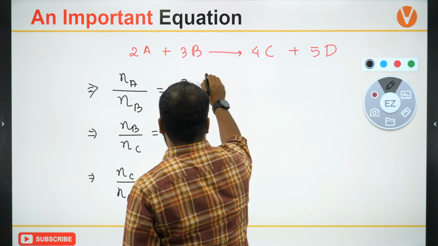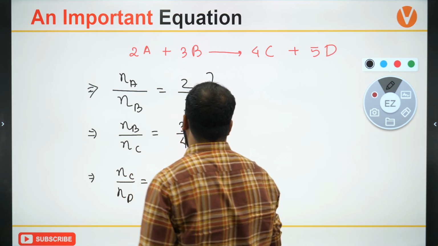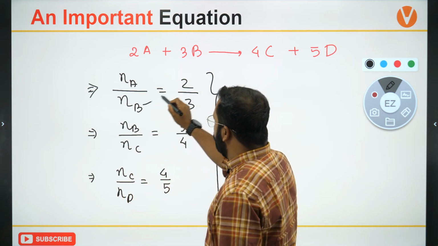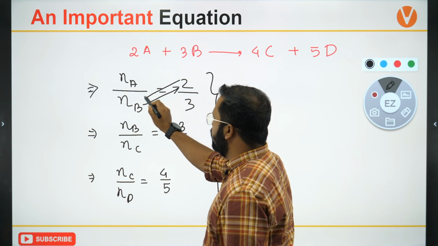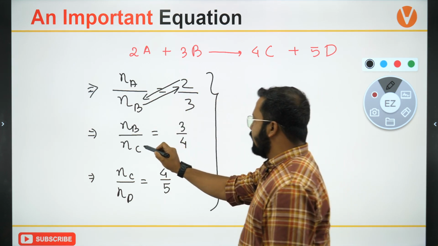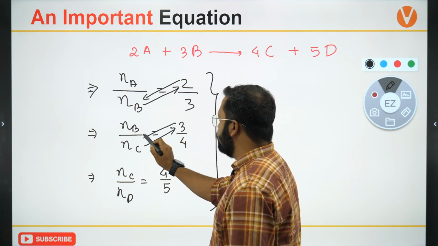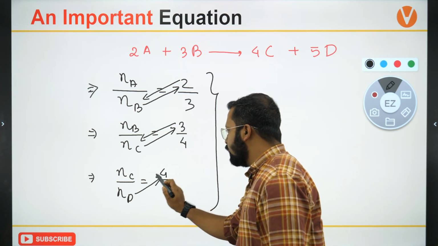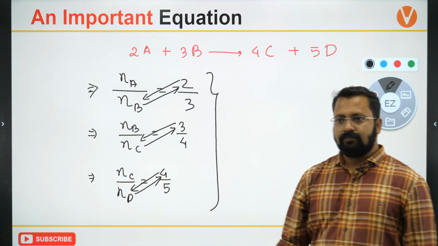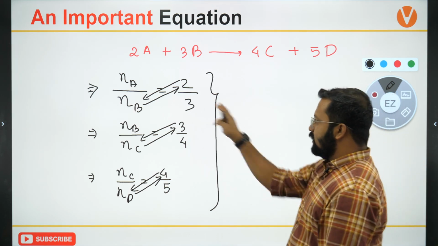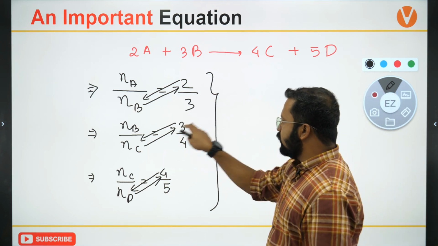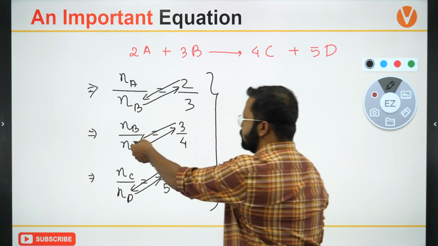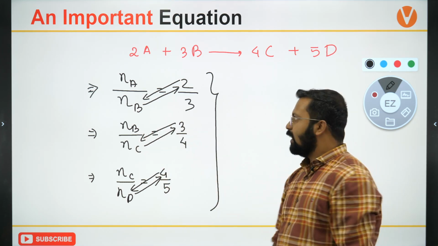Can I do this? I take NB over here and 2 over here. I take C over here and 3 over here. I take ND over here and 4 over here. I have just moved the denominator here and this numerator has been brought over here. Okay, I can do this.